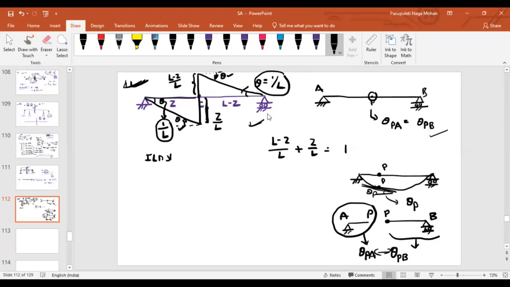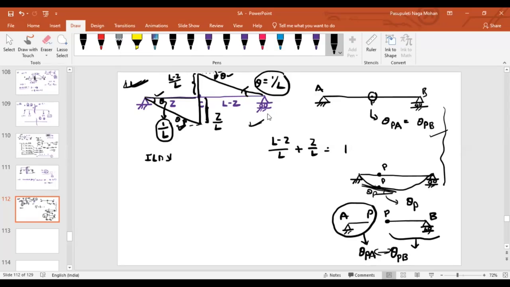The continuity requirement should be the same, just like in the original diagram. As it is a linear variation, if this is theta, then what about this angle? Opposite angles are always equal. So if this is theta, this is also theta. Similarly, if this is theta, this is also theta.